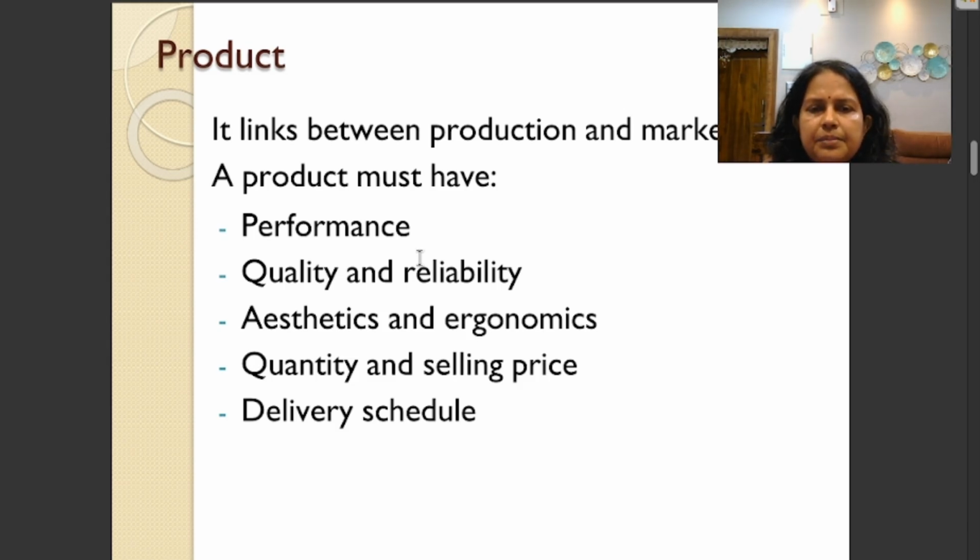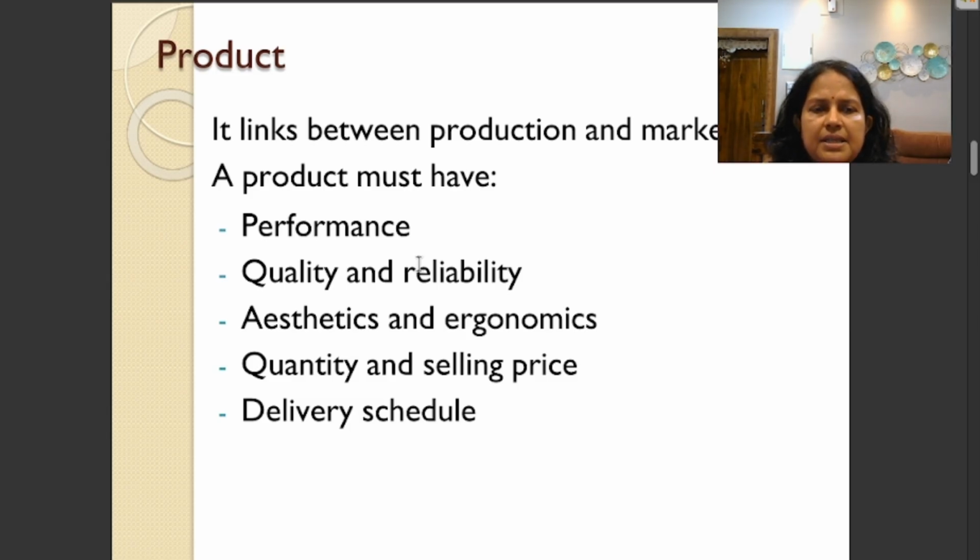How comfortable that product is, how better that product is, and how that product reaches the expectation level of the customer. That is the ergonomics part. That is the design or engineering part of the product.